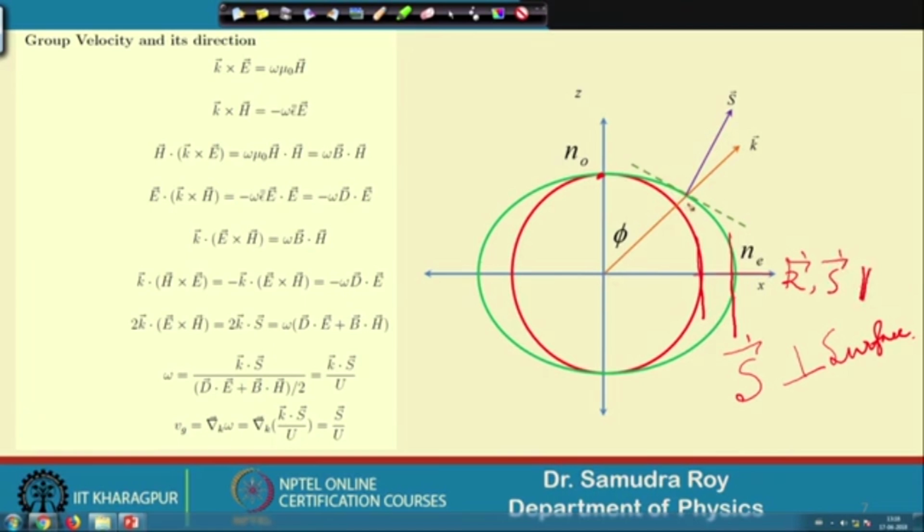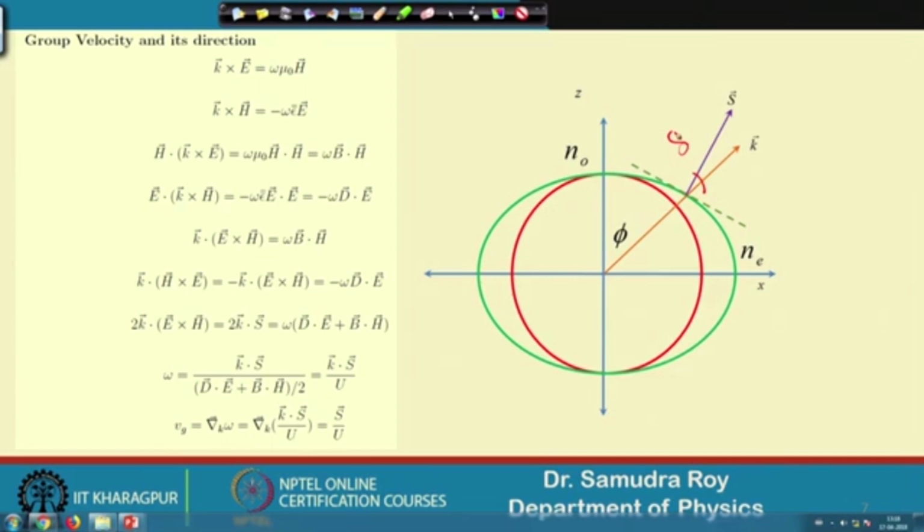But in any other direction, we will find that S and k are not in the same direction. There is an angle between them; this angle delta is nothing but the walk-off angle that we have discussed earlier. The important thing you need to know is that the S vector will always be perpendicular to the index surface. That is a very important piece of information, and that is the direction of the group velocity as well.